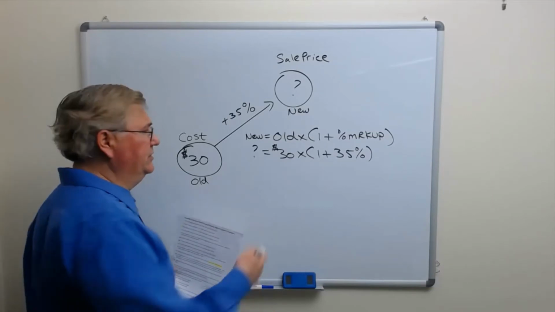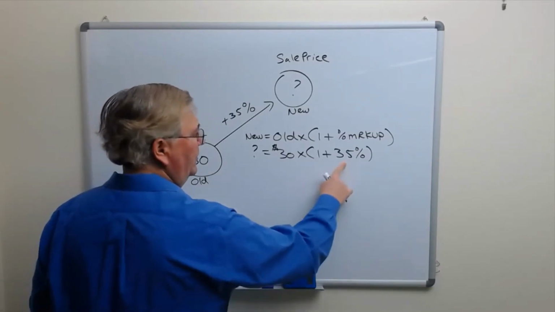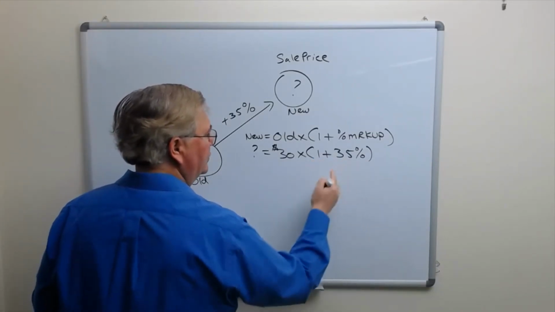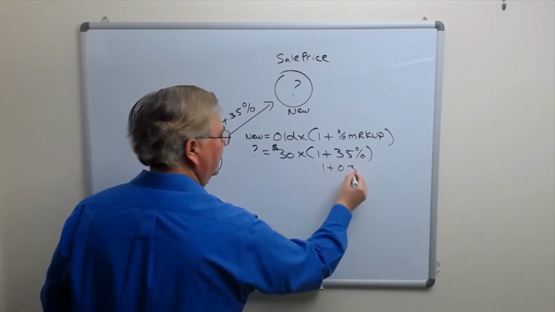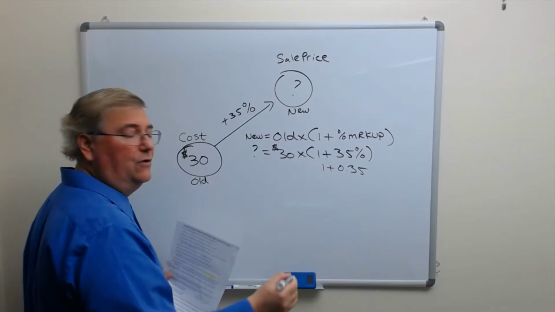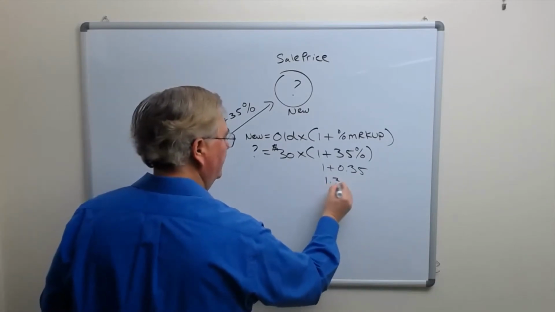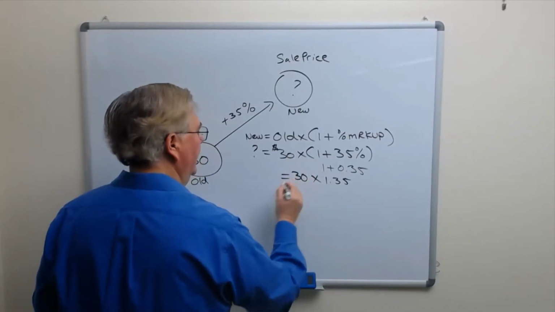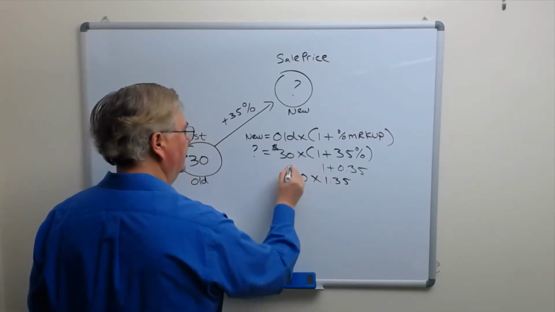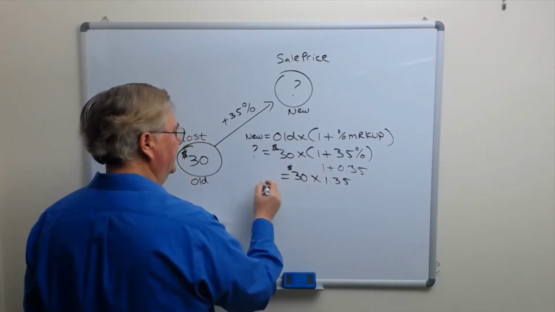And the next thing we have to do is crunch out the numbers. We work the parentheses first. So 1 plus 35% is 1 plus 0.35, otherwise known as 1.35. Multiply that by 30, and that should give us our answer.